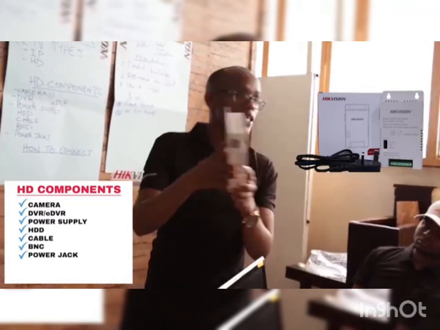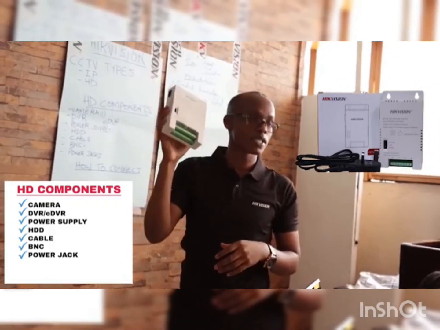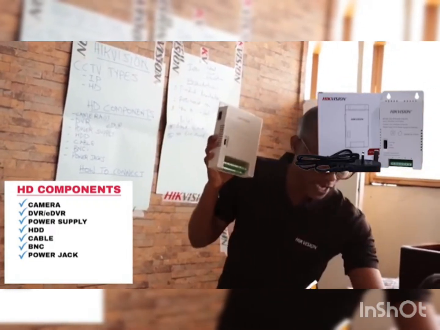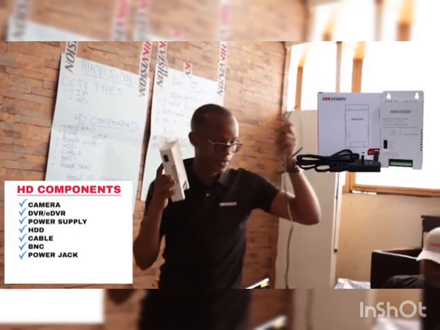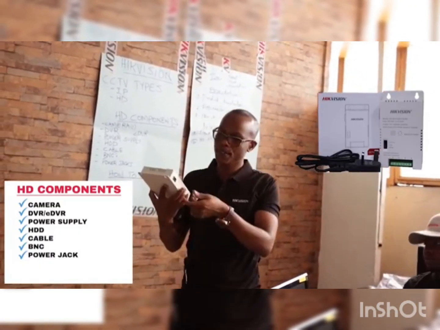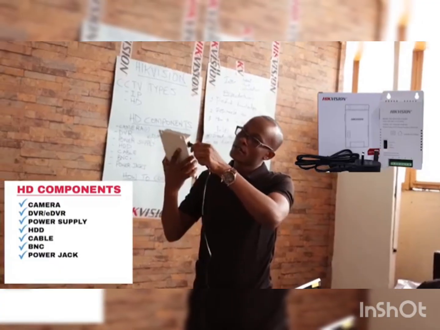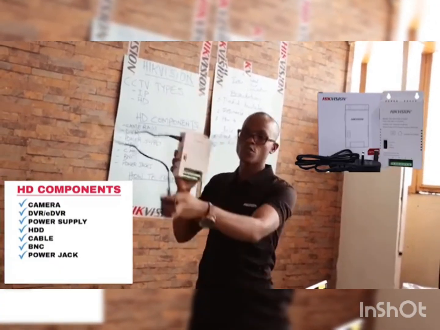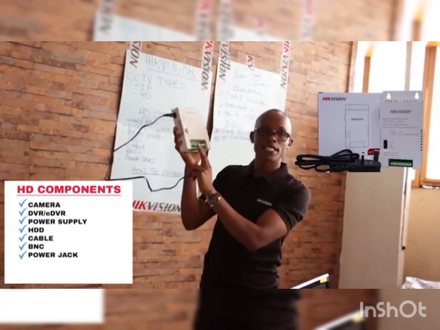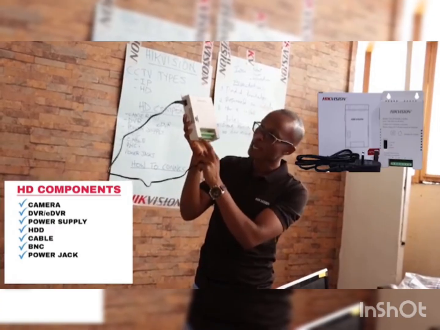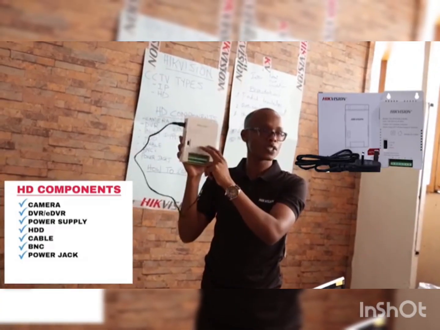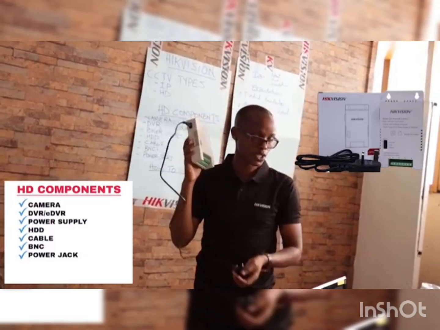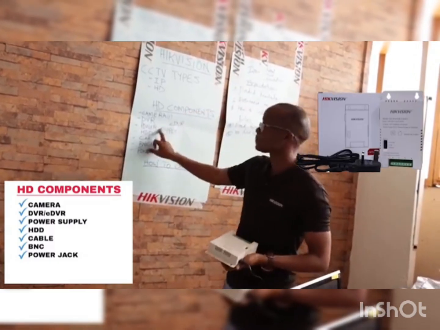Whatever it requires is called the power supply. This is a power supply. It connects to the electricity, and then from these gadgets is where you connect wires to the camera, so that the power that goes to the camera is not too much. And that is the power supply.